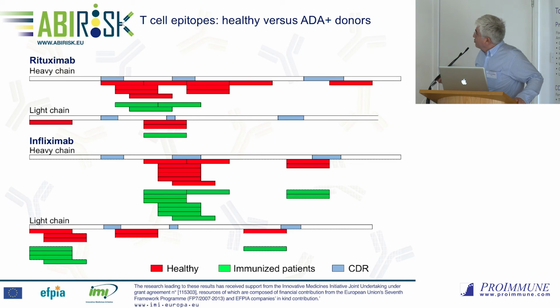Some pictures to have a view of what we have done, and you see that from the LC donors in rituximab and infliximab, we have different regions where we can find the T-cell epitopes, and in green, the data we collected from the immunized patients, and you see we have relatively good concordance between the two studies.